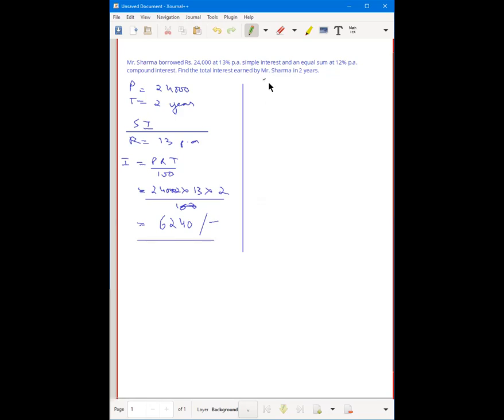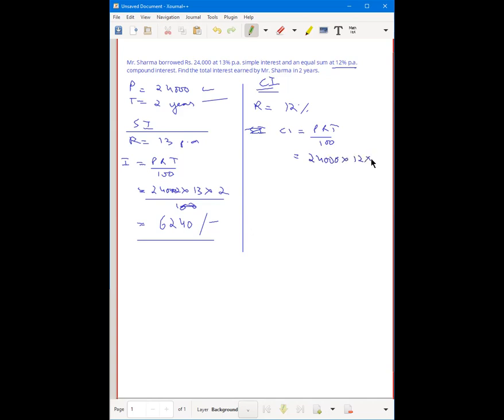Looking at compound interest, what is the rate of interest? Read the question. 12%, and principal and time periods remain the same. I'll use the simple interest method so that the calculations can be faster. For the first year, I is PRT upon 100, so 24,000 into 12 into 1 by 100.